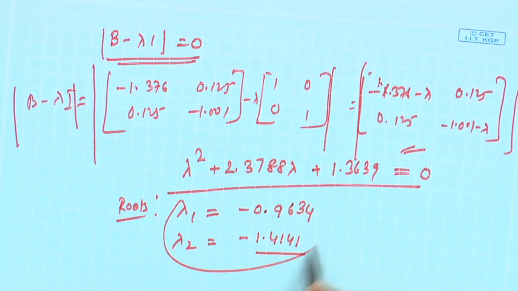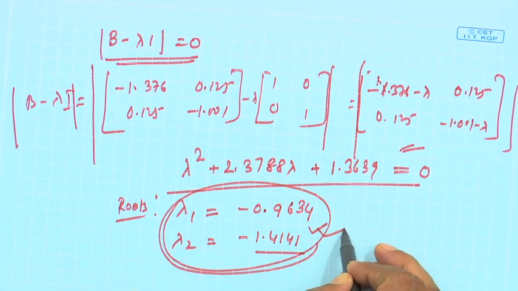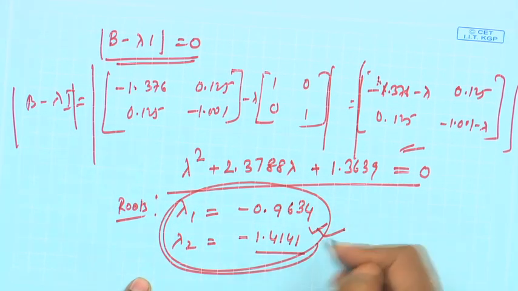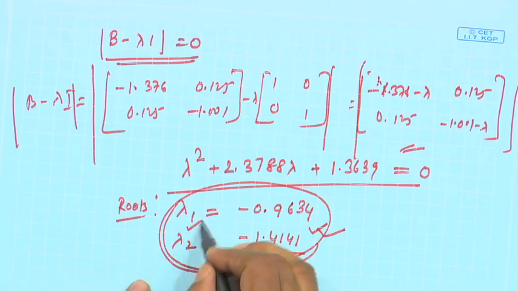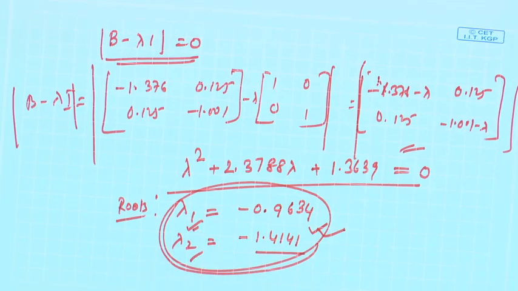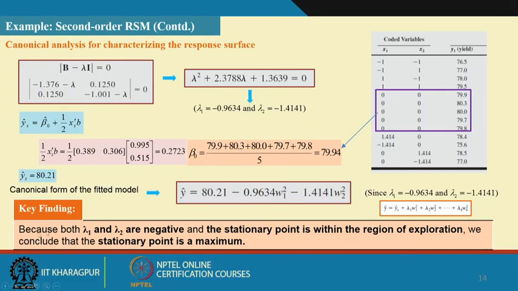Now all the lambda values are negative, so this is a point of maximum. Once you know the lambda values, you know whether a point of maximum or minimum is reached, or it is a saddle point. Now, come back to this. Because both lambda 1 and lambda 2 are negative and the stationary point is within the region of exploration, we conclude that the stationary point is a maximum in the canonical form of the fitted model.